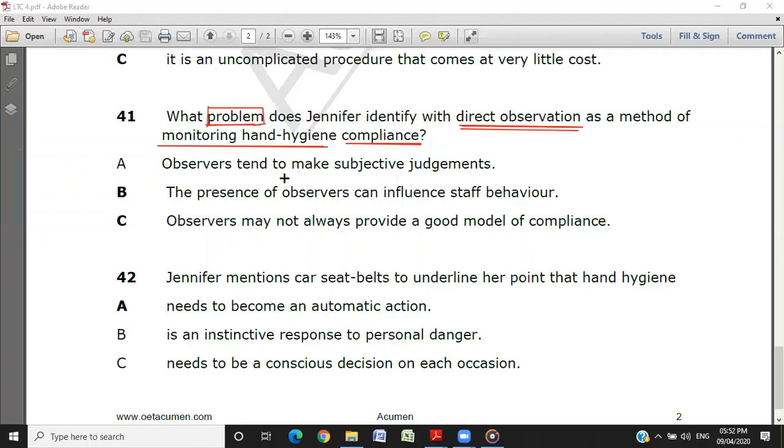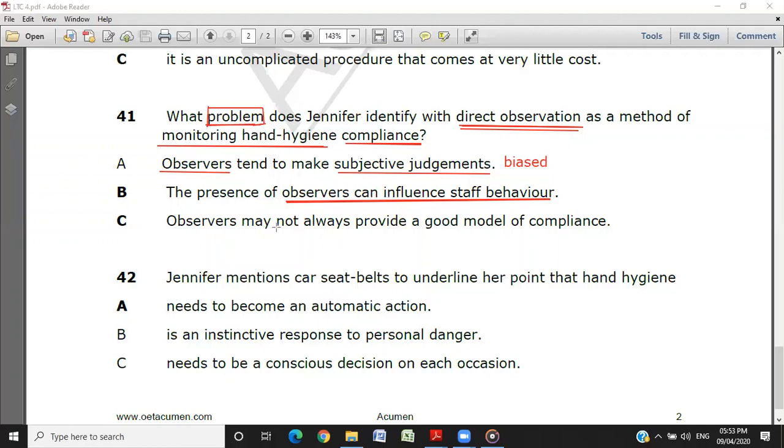So what are the answer choices? Observers, so the ones who are observing the compliance, can make subjective judgments. That means they are biased. Their judgments are biased. Then presence of observer can influence staff behavior. So observers are not biased, but staff's behavior is getting affected because of observers. And we know this happens very commonly.